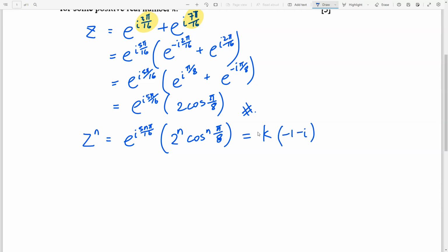This is in the third quadrant, so you will get negative iπ/4.